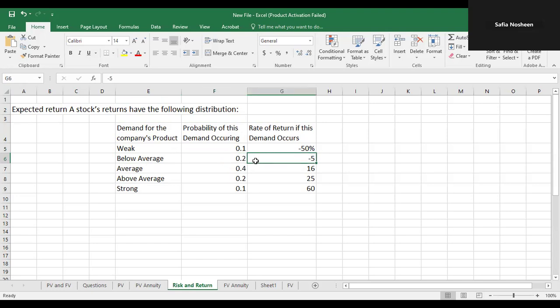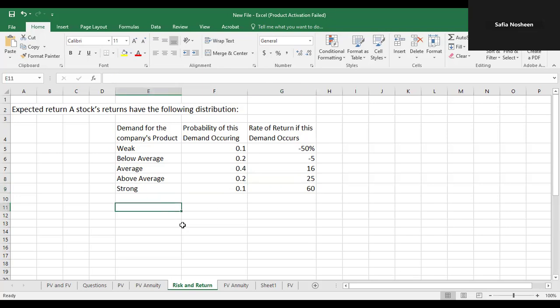and we can have a loss of minus 5%. On average, the chance of demand would be 40%, and then we can get an average return of 16%. Above average demand has the probability of 20%, and that would have a return of 25%. And strong demand for the company's products has the probability of 10%, and that is going to expect a rate of return of 60%.